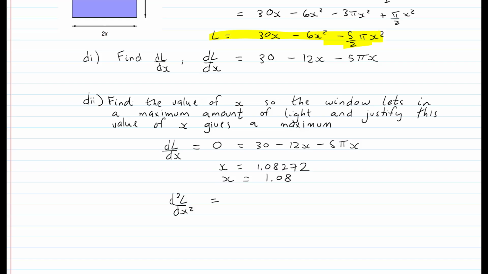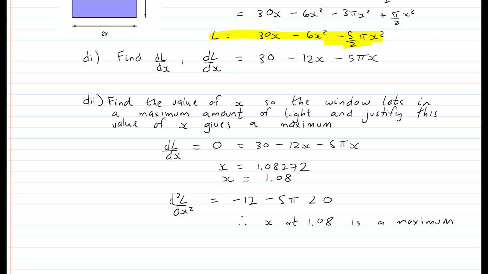And the second derivative is going to be, just using the power rule again, -12 minus 5 pi, which is less than 0 for all x. So therefore, x at 1.08 is a maximum. Okay, right, so that is D part 2 done.